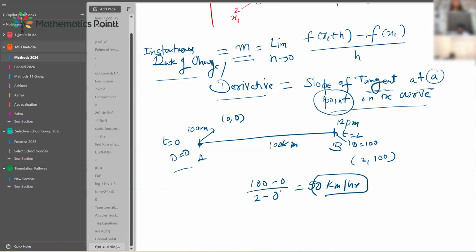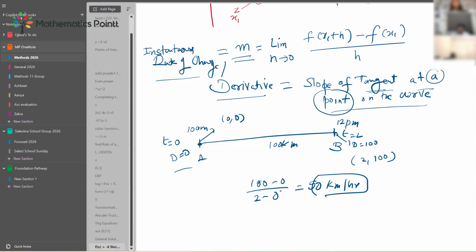But in your car, there is something called a speedometer, which is showing you the speed. That is the derivative. It is showing you the instant speed at the time when you looked at it. So your speedometer is the derivative, the real life derivative in front of your eyes. It tells you the instantaneous rate of change at the time you looked at it.